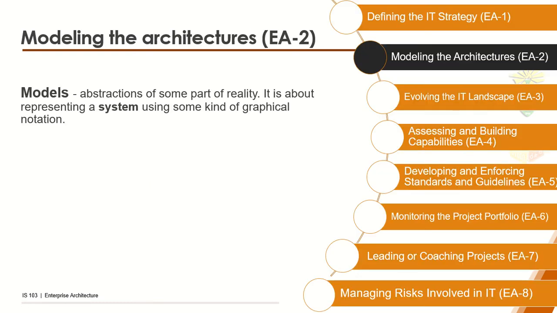So when we say models, these are the abstractions of some part of reality. It is about representing a system using some kind of graphical notation. So making architecture models probably is what most people primarily associate with the profession of the architect.